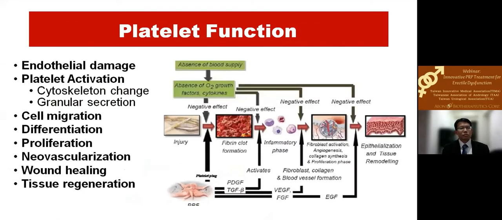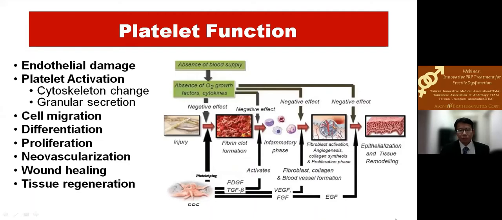Before we look at more details of the therapeutic effects of PRP, we can review the platelet function together. When encountering endothelial damage, the von Willebrand factor and the collagen would be exposed, and the platelet would be activated.